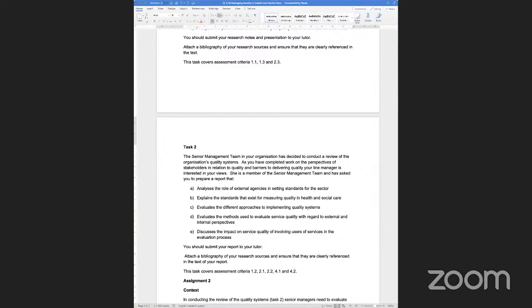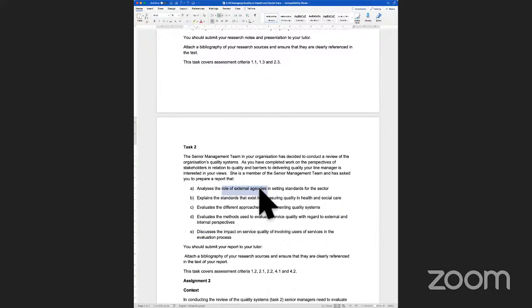So when I talk about analyze, what does analyze mean? We are looking at breaking the topic down into separate factors, and discussing how these factors are related. So in this case, if we talk about the role of external agency, we would need to talk about CQC.